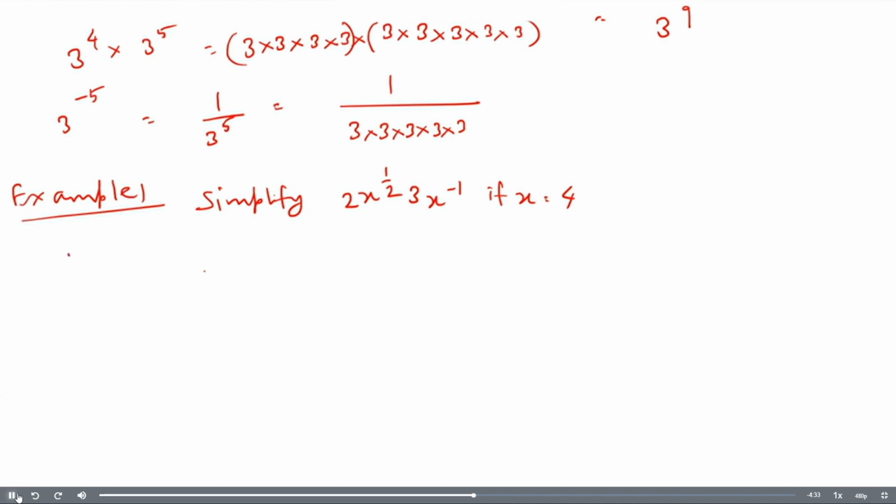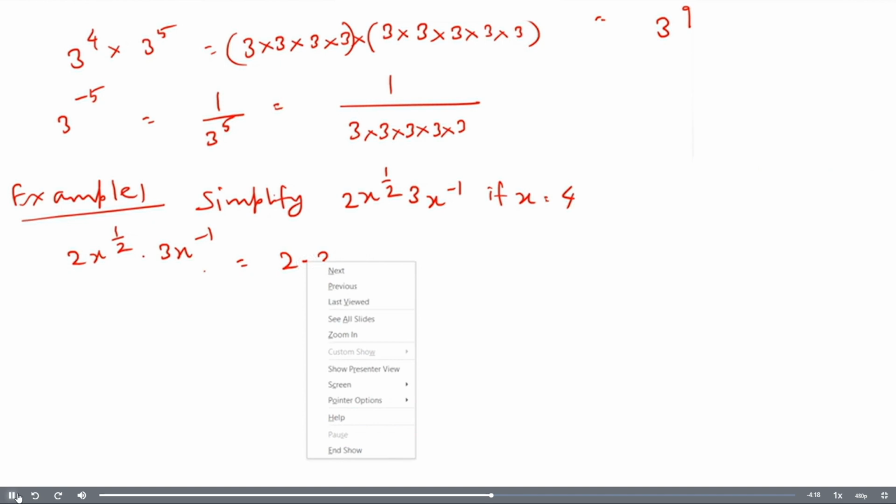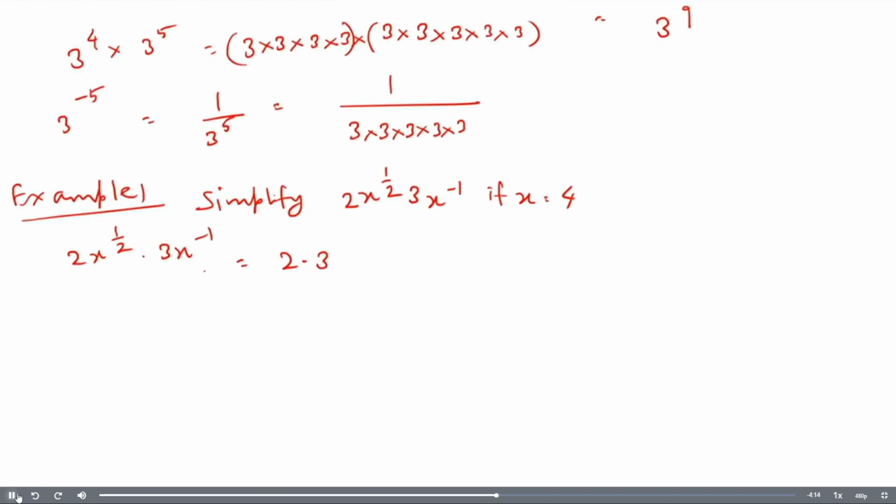We have 2x to the power 1 by 2 into 3x to the power minus 1, which is equal to 2 into 3. If I put a dot here, it means it is the multiplication symbol.